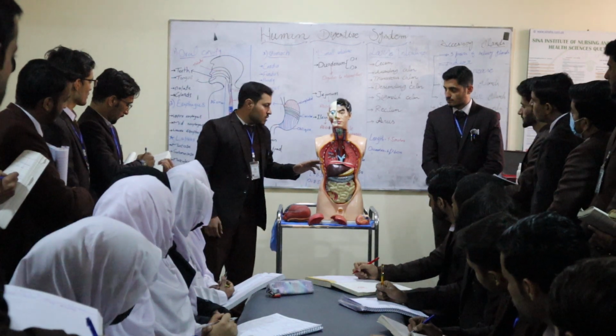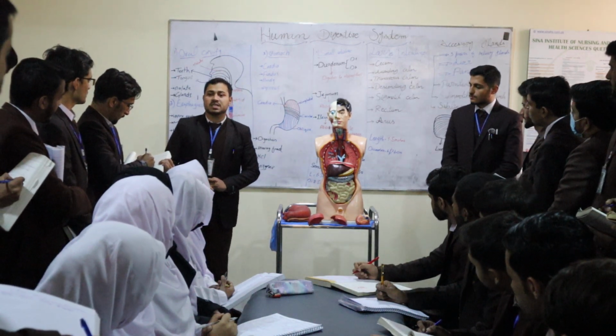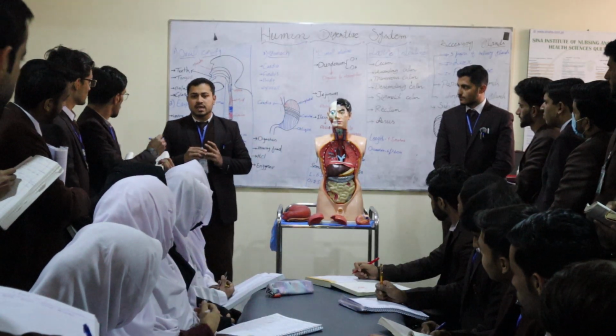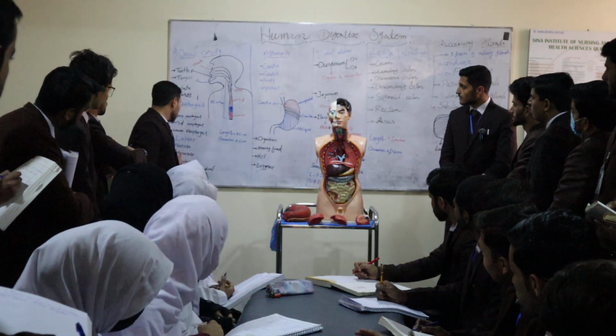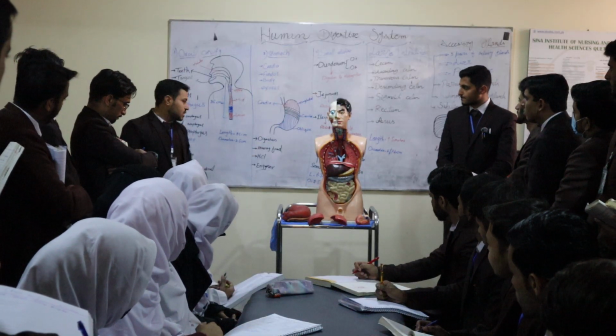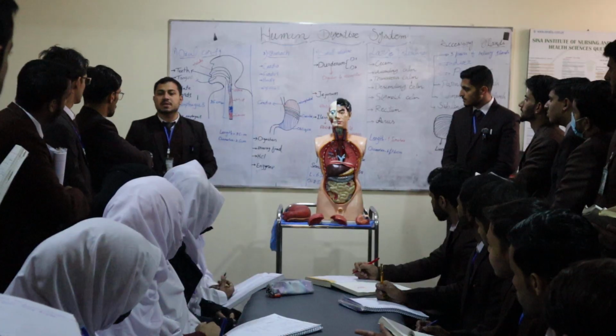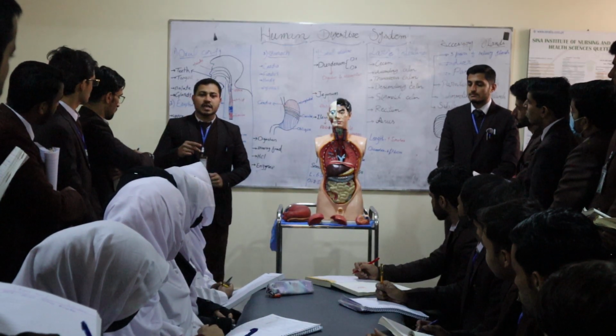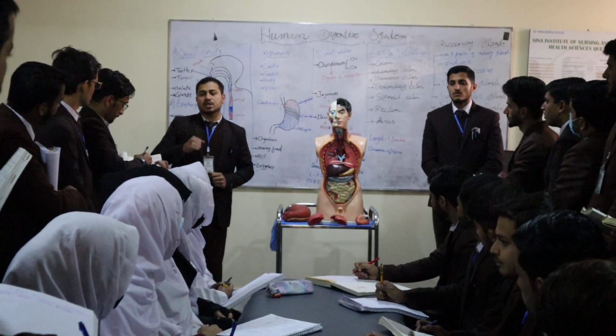If we talk about the layers of the esophagus, it contains layers. The first one is mucosa, the second one is submucosa, and the third one is muscularis. Muscularis contains two types of muscles, the first circular muscles and the second longitudinal muscles.